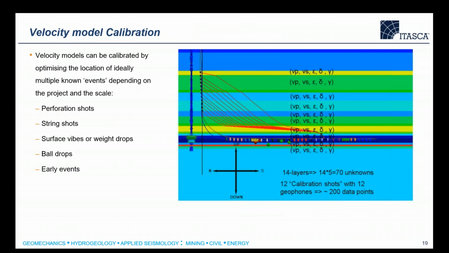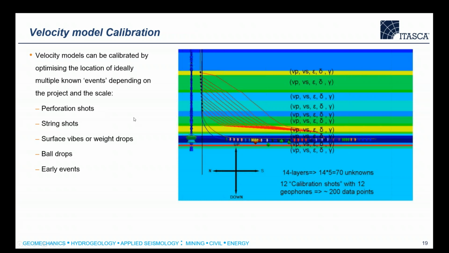What happens in the field is not so easy to perform surveys, but we have other tools. We have other bits of information. We normally have in the field some type of shots. There could be surface shots, vibes that we can perform on top, dropping a weight or something like that. We have perforation shots if we are working in a hydraulic fracturing job.